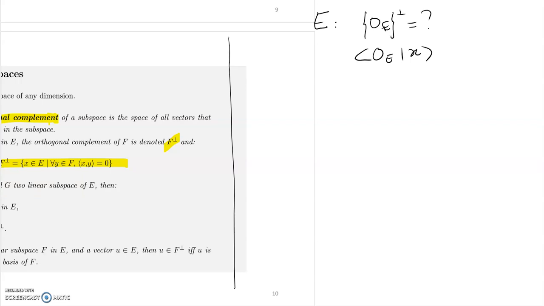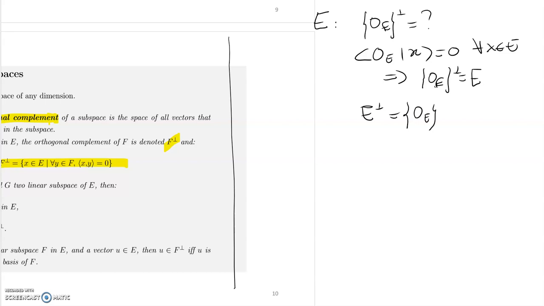We've already seen that several times. So for all x that belong to E, the 0 orthogonal is actually E itself. That one was pretty simple. And the same way, you can prove that E orthogonal is going to be equal to the 0 element. That's the one element that is orthogonal to all the others.